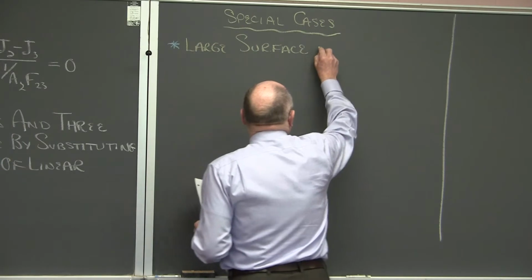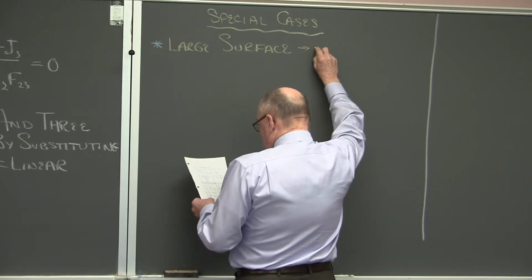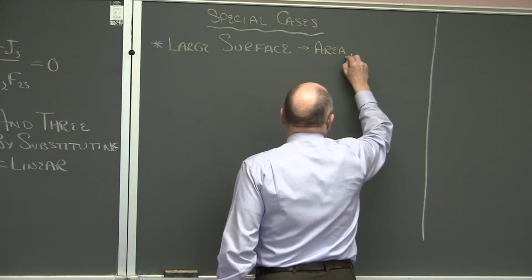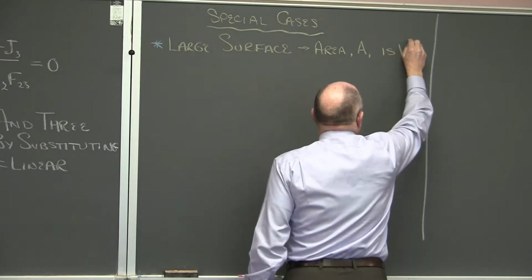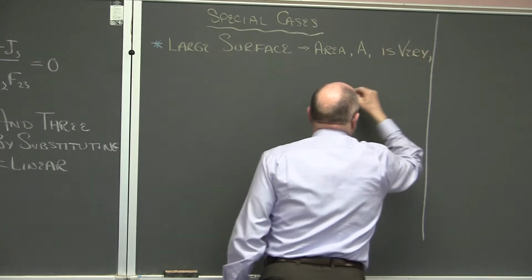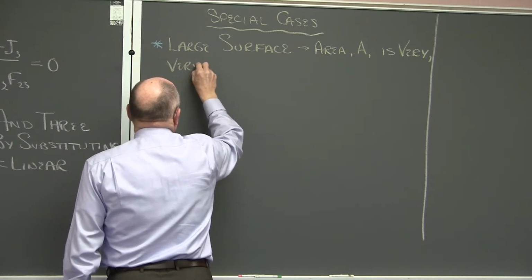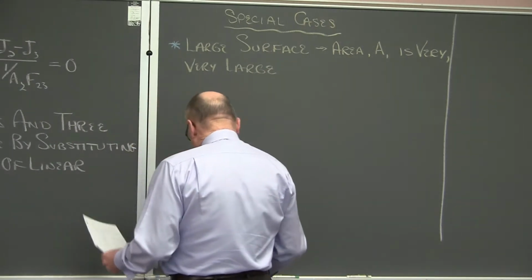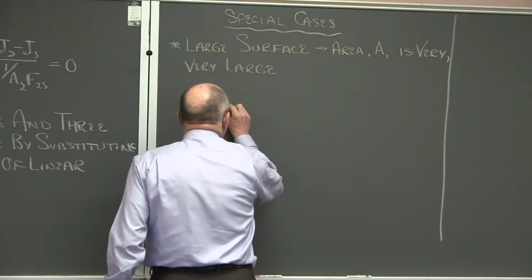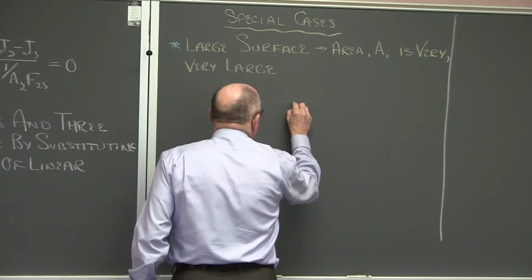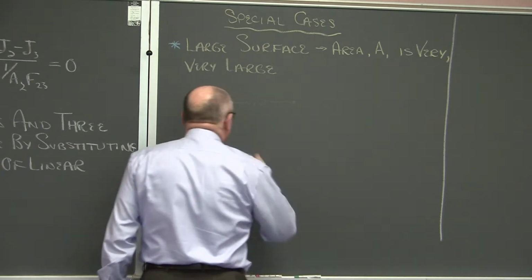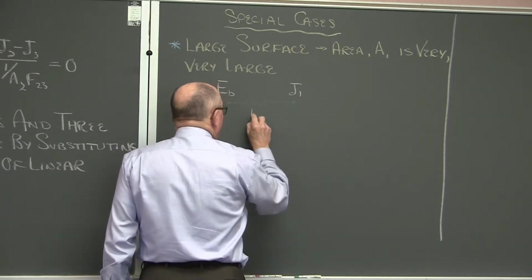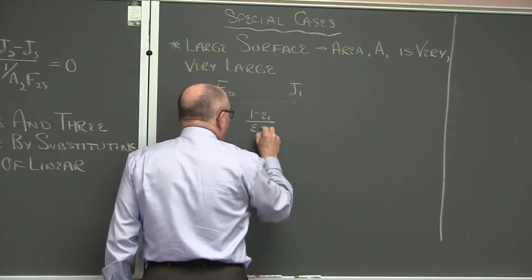In that case, the area is very, very large. If that is the case, we look at the network, where you have EB1 and you have J1, and you have 1 minus epsilon 1 over epsilon 1 A1.